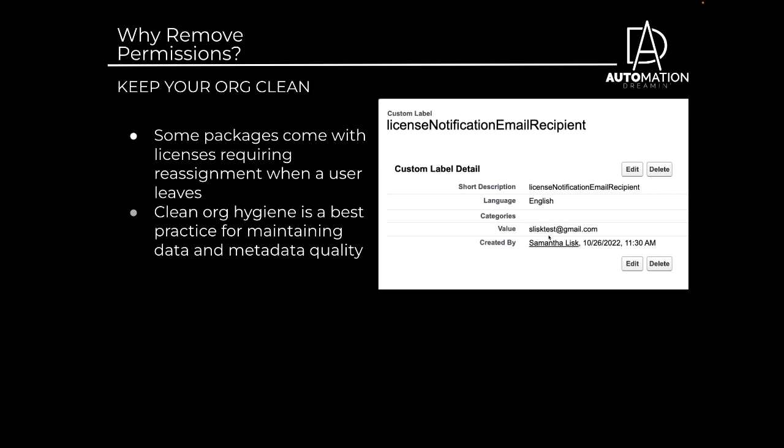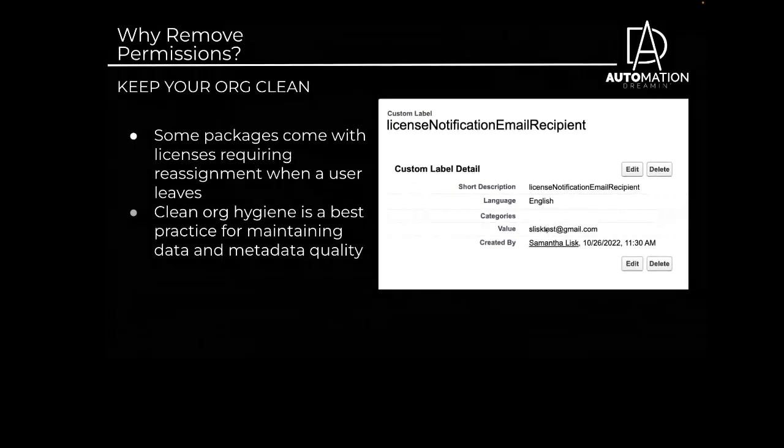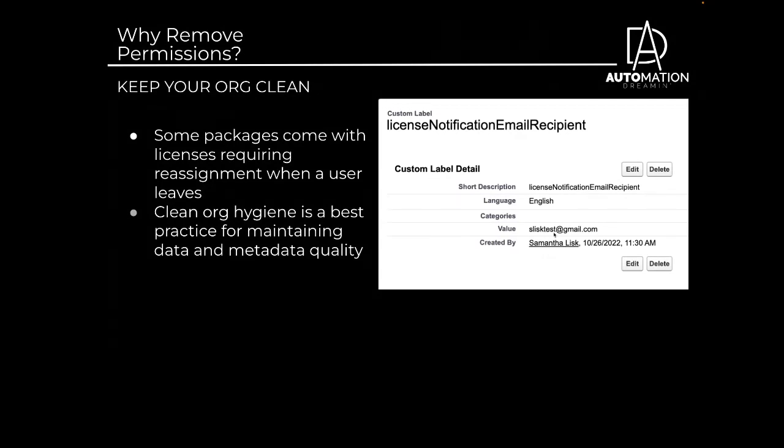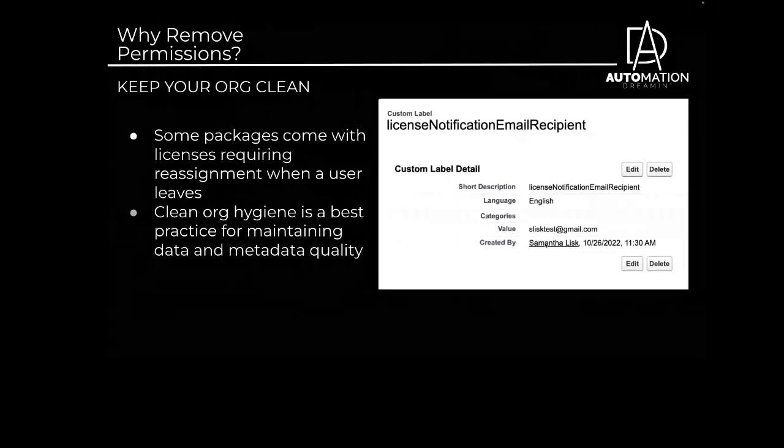By using a custom label record or a custom metadata record, you can simply update the value in the custom label or custom metadata type instead of changing the flow and having to create an entirely new flow version and go through the entire potential deployment process of deploying flows, which, if anybody has ever used a tool like Copado or Gearset, you may have run into some funky behavior when trying to deploy flows.